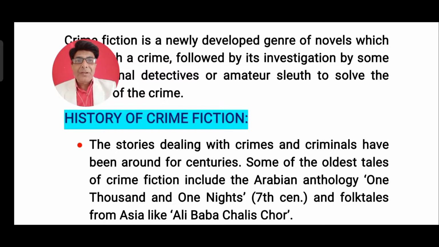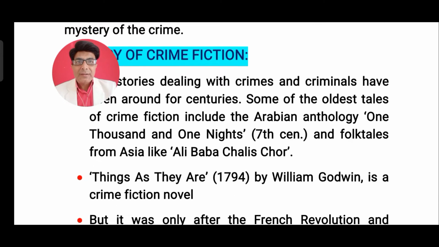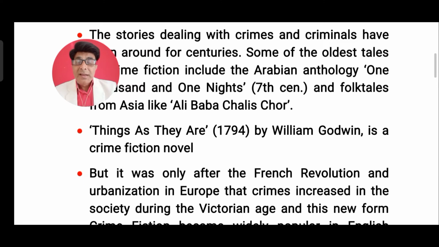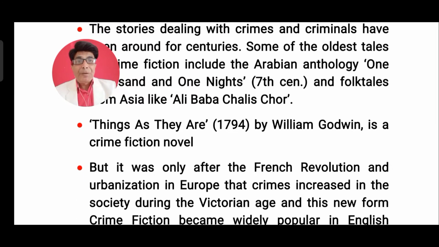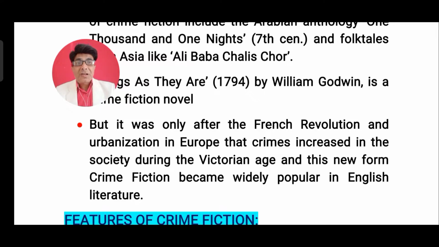Even the stories of Ali Baba and the Forty Thieves can also be said to be crime fiction. William Godwin wrote Things as They Are, published in 1794, which is again a very good example of crime fiction during the 18th century.